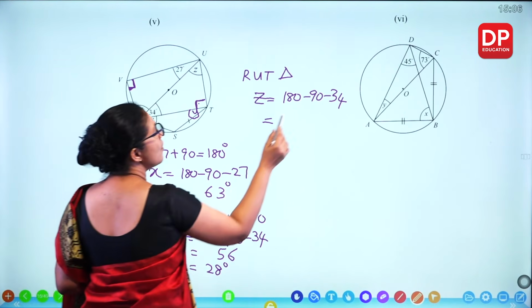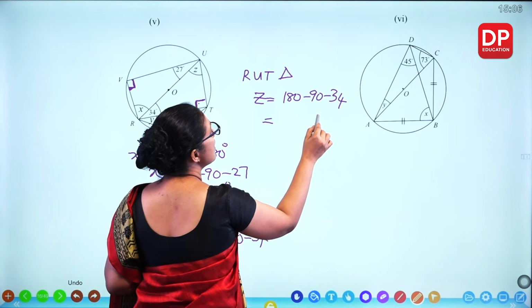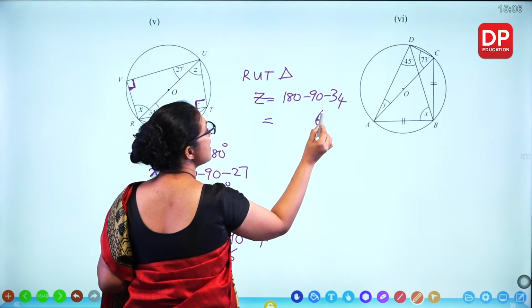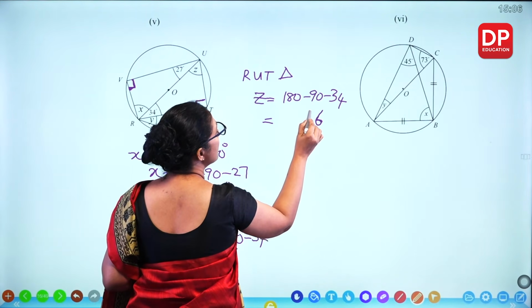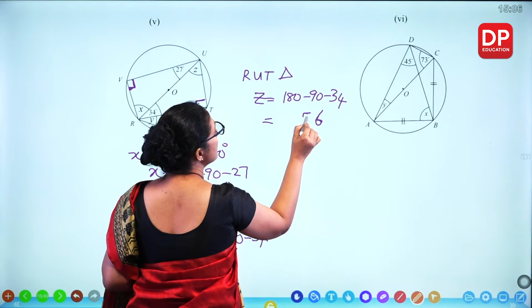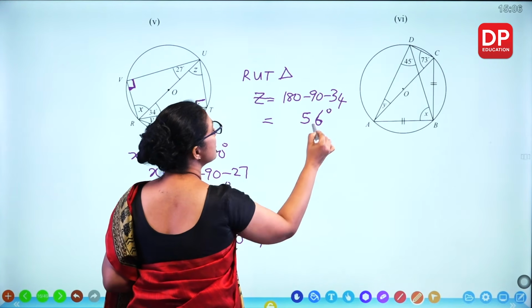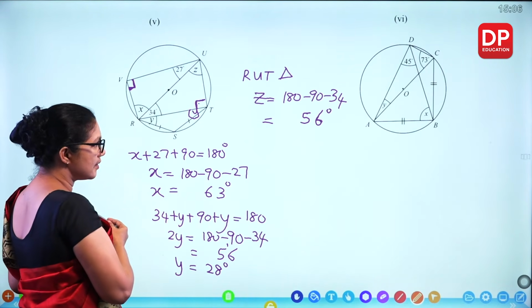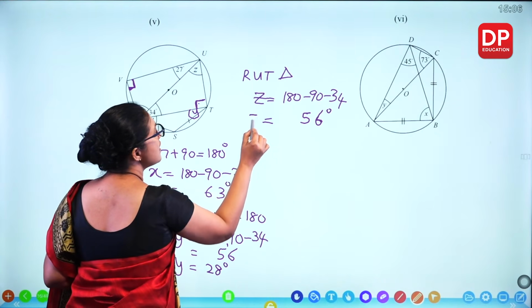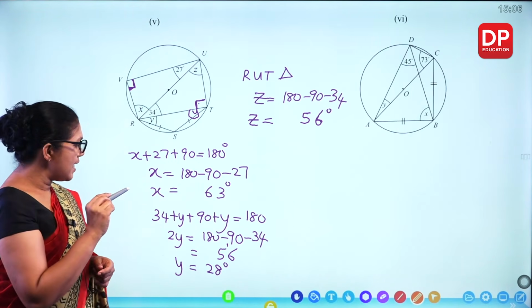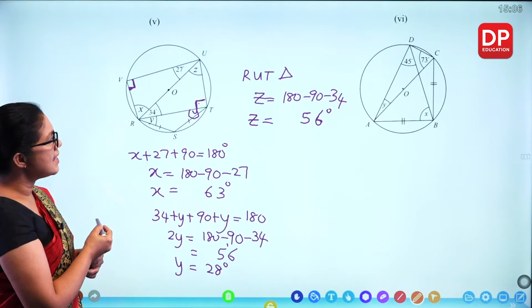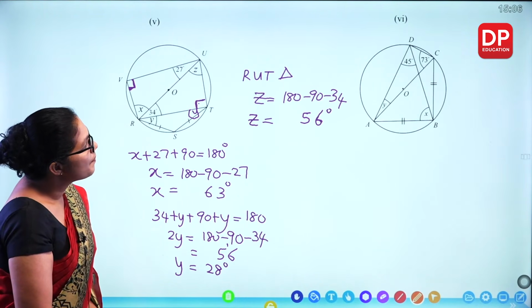You get 56 degrees. So z equals 56 degrees. So x is 63, y 28 and z equals 56.